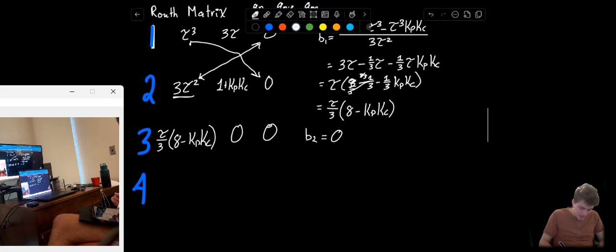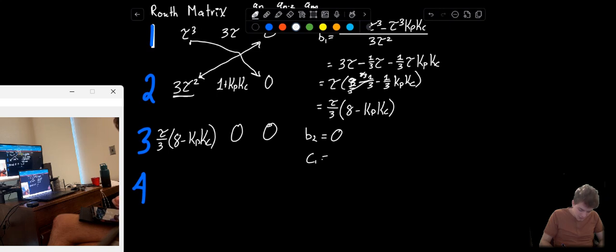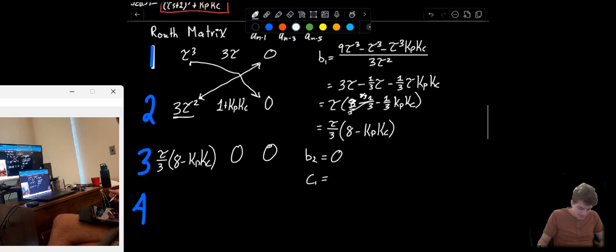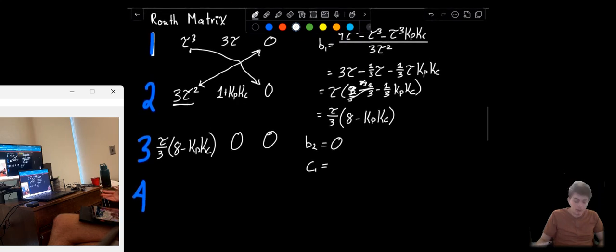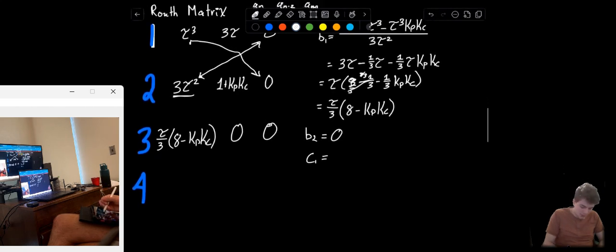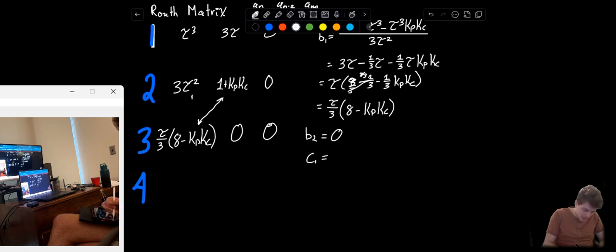And then we need our c1 term, which is exactly the same algorithm as b1. So it should be this term times this term minus this term times this term, all over this term.